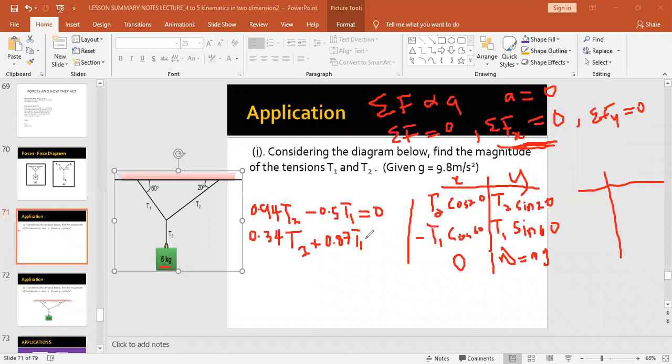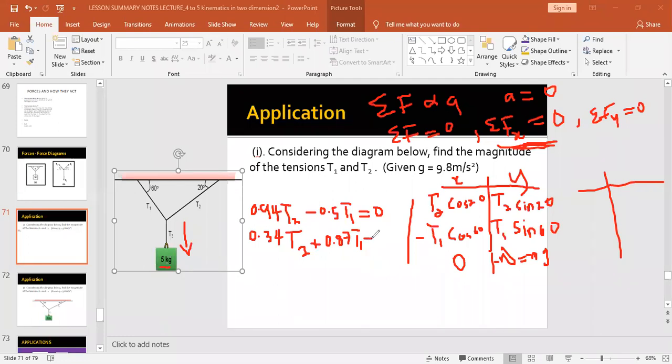then plus the weight. Again, the weight is acting downward, so it's supposed to be negative. So don't forget to add a negative there. This will not be plus, this will be negative, because weight acts downwards.